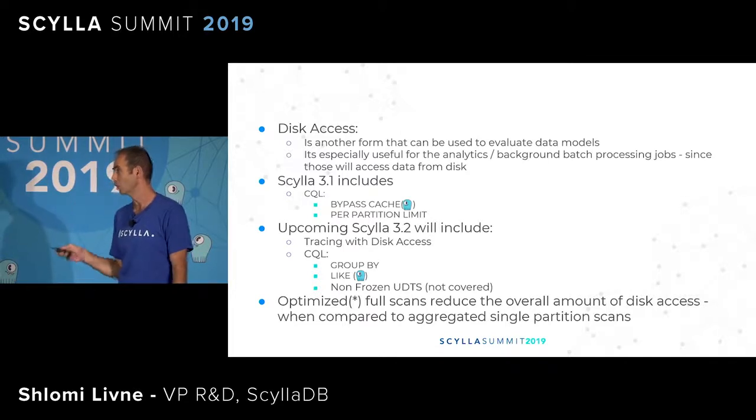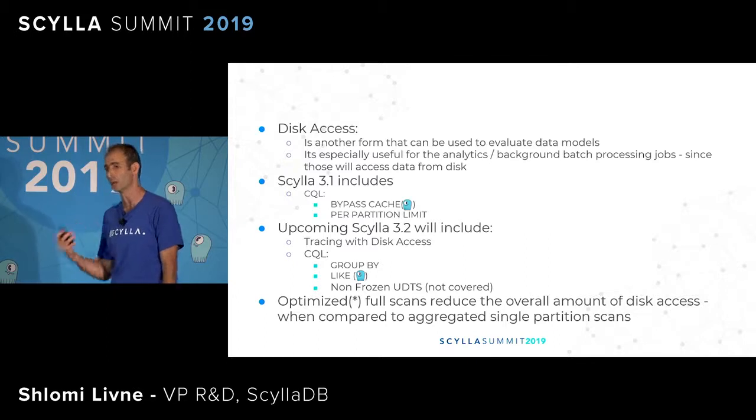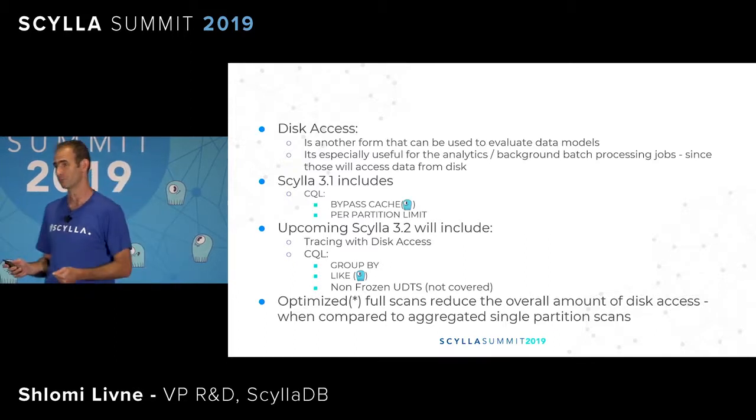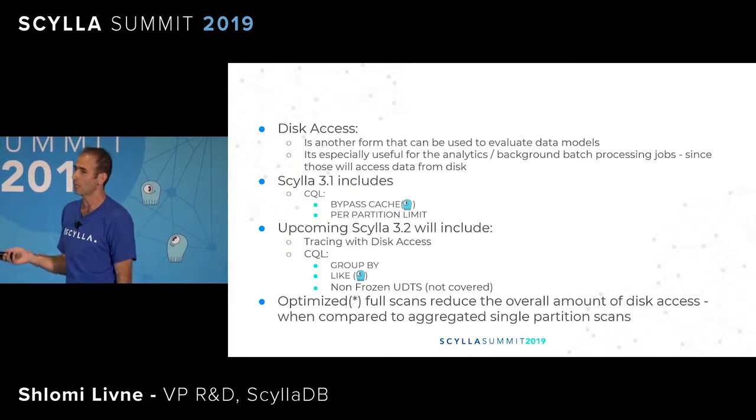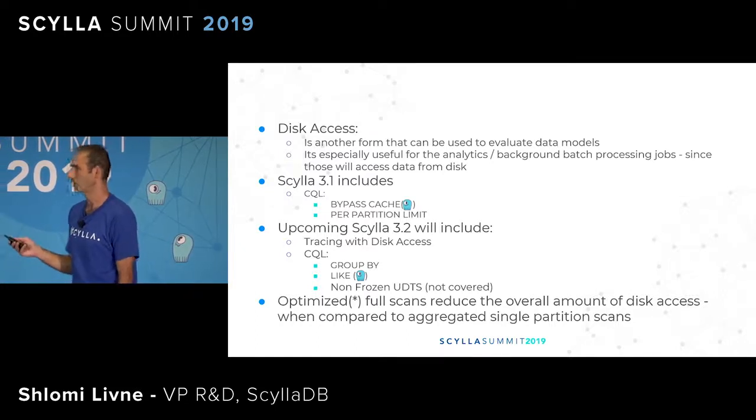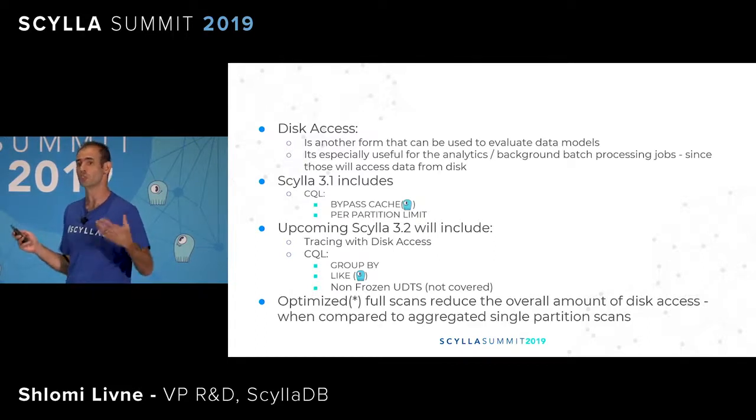Scylla 3.2 has introduced tracing with disk access, so how many I/O operations we're doing and how many bytes we're reading back. In CQL, we added GROUP BY, LIKE, and I haven't covered it, but also non-frozen UDTs, which is an interesting option. Last, optimized full scans, even if you're interested in partial information, can be much more efficient than doing single partitions.